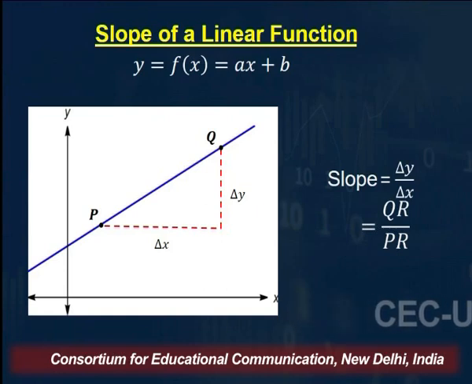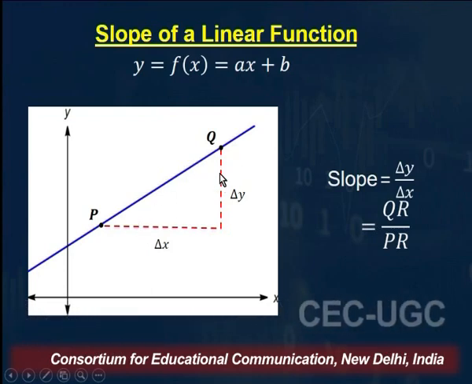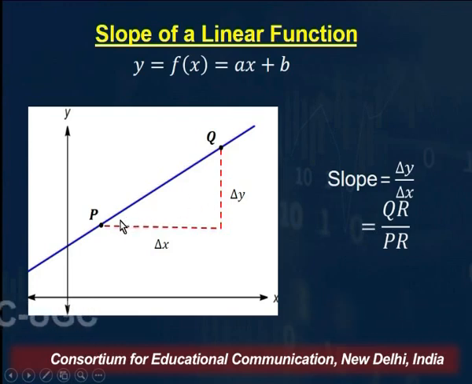Because we are talking of a straight line, the slope is the same whichever point you take on the straight line. And in particular, if we take the movement from point P to Q, then we are moving delta x units in the direction of the x-axis and delta y units in the direction of the y-axis.